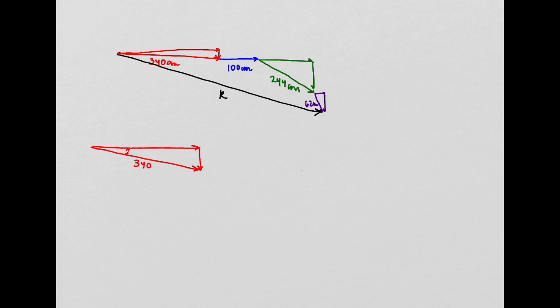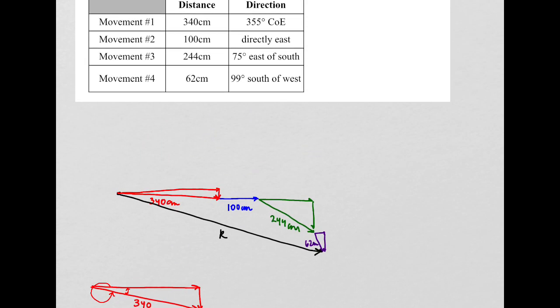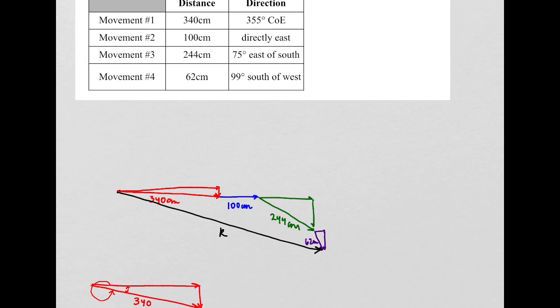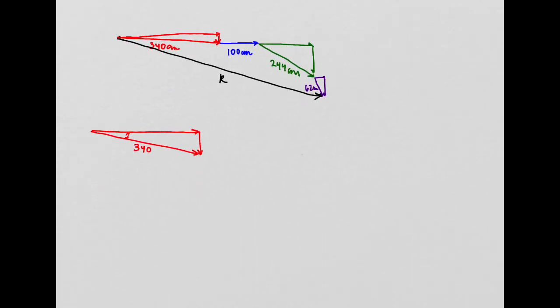This angle we know, because we know that this whole thing was 355 degrees counterclockwise of east. That's what it said in the table, 355 counterclockwise of east. Therefore, this little guy here is going to be 5 degrees, because there are 360 degrees in a circle, and you already know why.